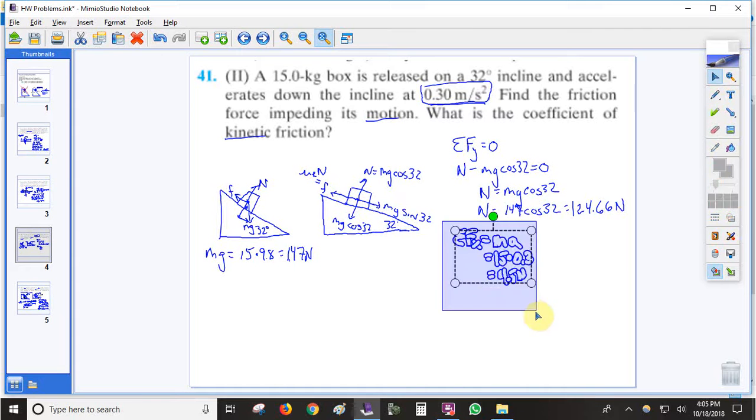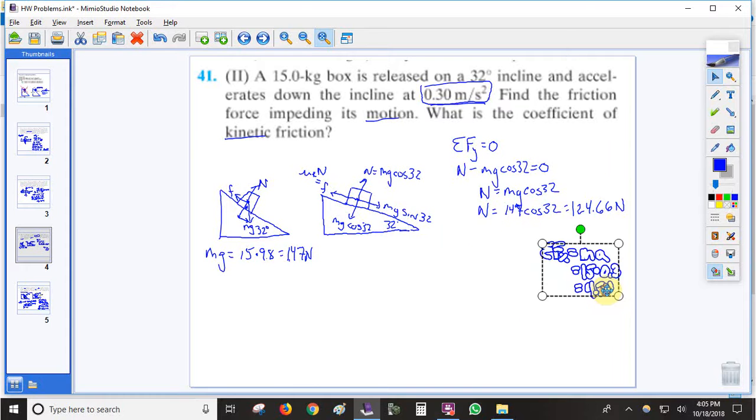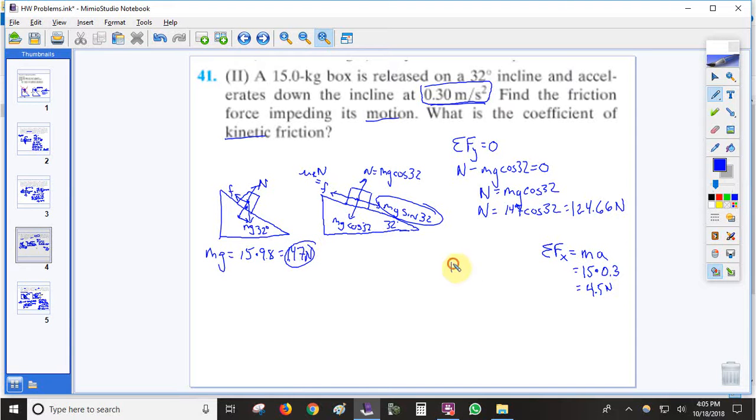The left-hand side, we're going to sum our forces in the x direction. So we have mg sine 32. Well, we already said that mg was 147, so I'm going to write this as 147 sine 32 minus the friction force acting backwards, which is mu times normal force. Furthermore, we know that our normal force is equal to mg cosine 32, and we already solved for it.